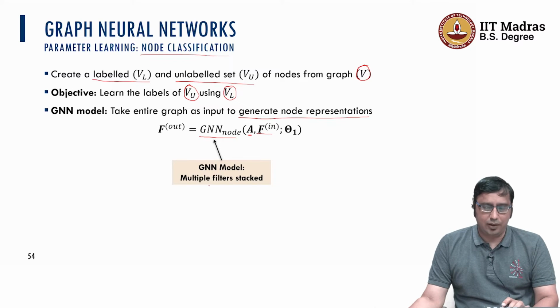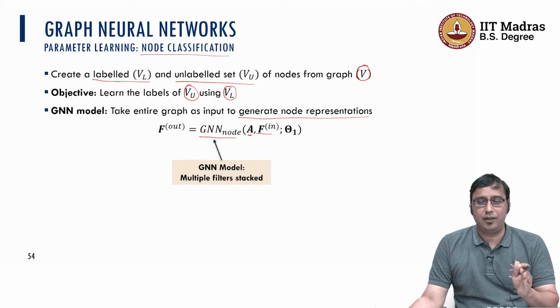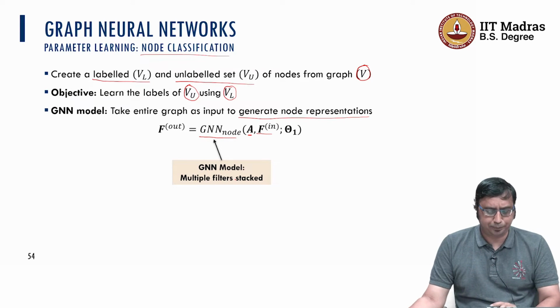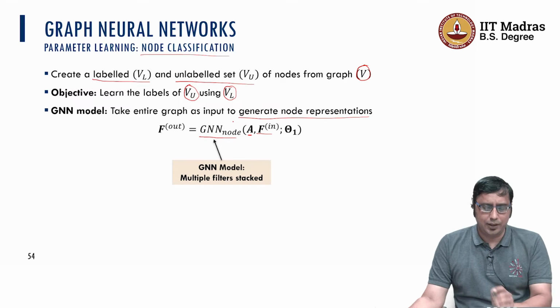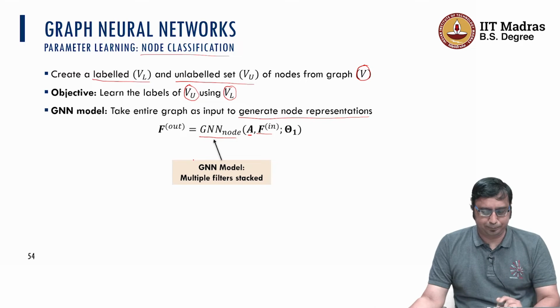So the GNN model is multiple filters stacked together. How many filters to be stacked is a hyperparameter, but we have multiple filters. If you recall, we have a block of filter, activation layer, filtering layer, activation layer, filtering layer, activation layer. So the GNN model is basically those blocks, multiple blocks, and each one has multiple filters.